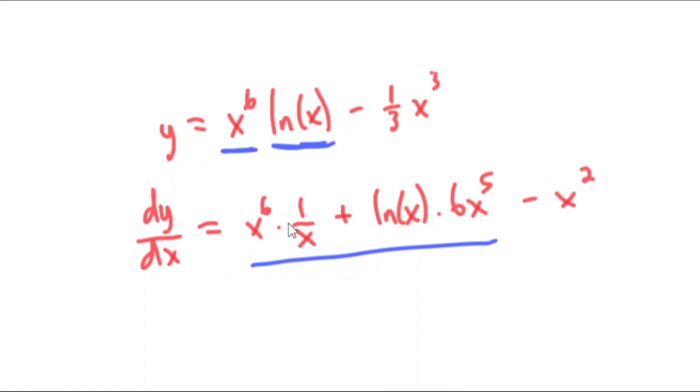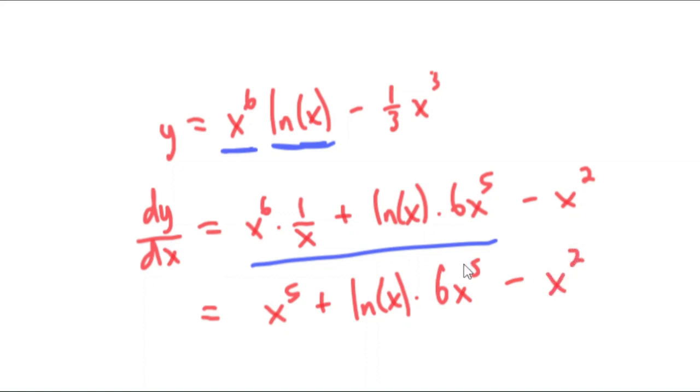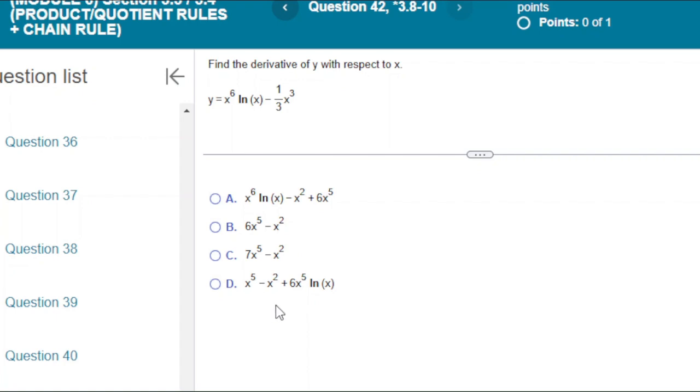Now, again, this is probably not going to appear as one of the answers. In fact, I don't think this appears as one of the answers for the multiple choice question. But notice this simplifies to be x to the 5th plus natural log of x times 6x to the 5th minus x squared. And notice that answer is actually equivalent to this. So they've written it a little differently.